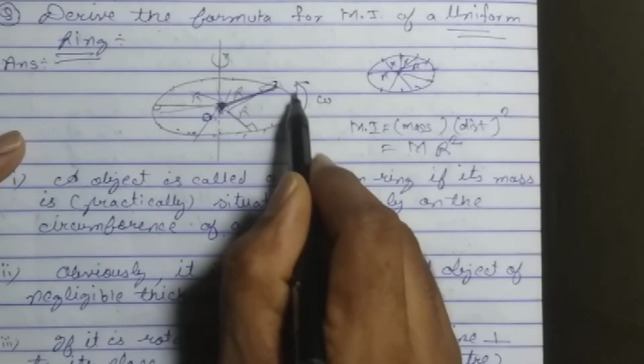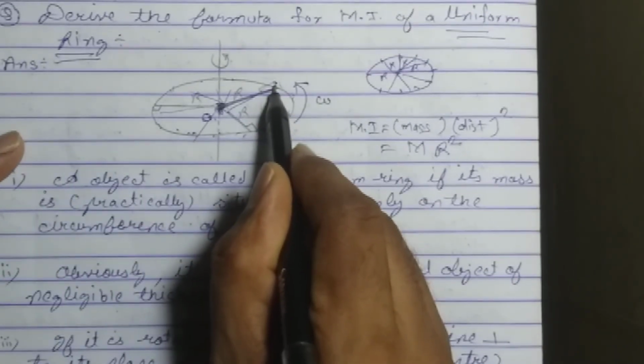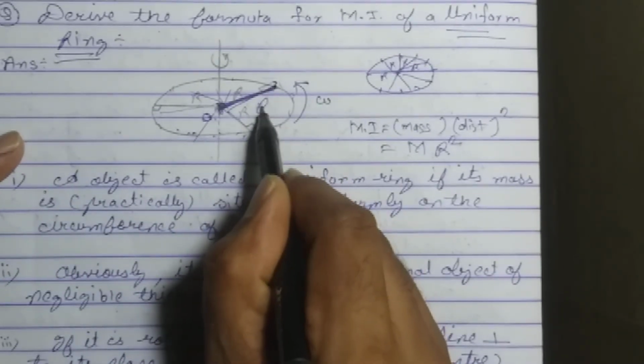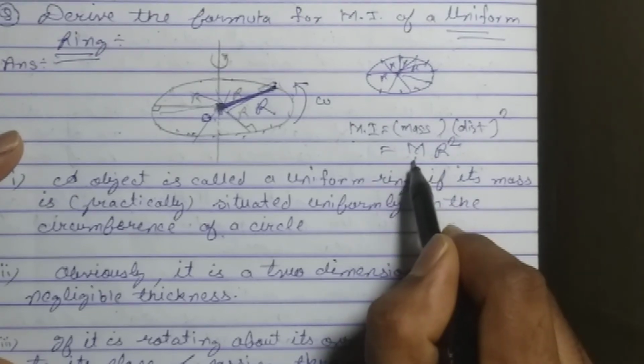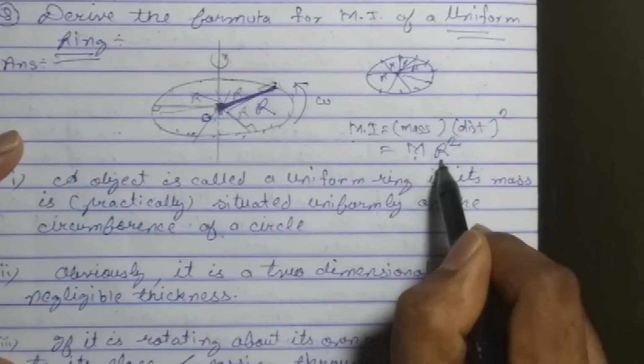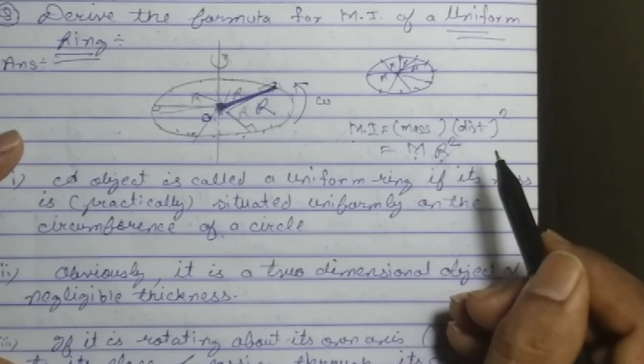The entire mass is distributed along the ring, and that is why the distance of the masses from the axis of rotation is R. That is why the moment of inertia is the total mass of the ring into the square of the average distance.